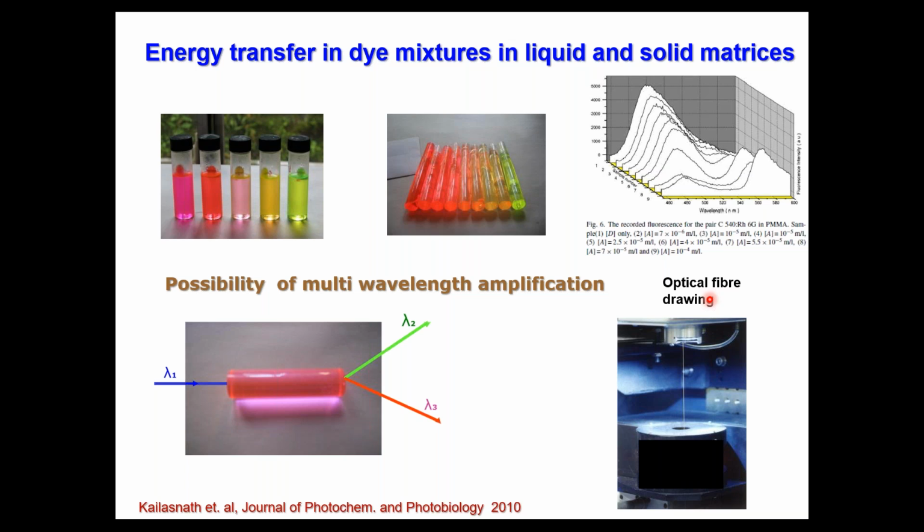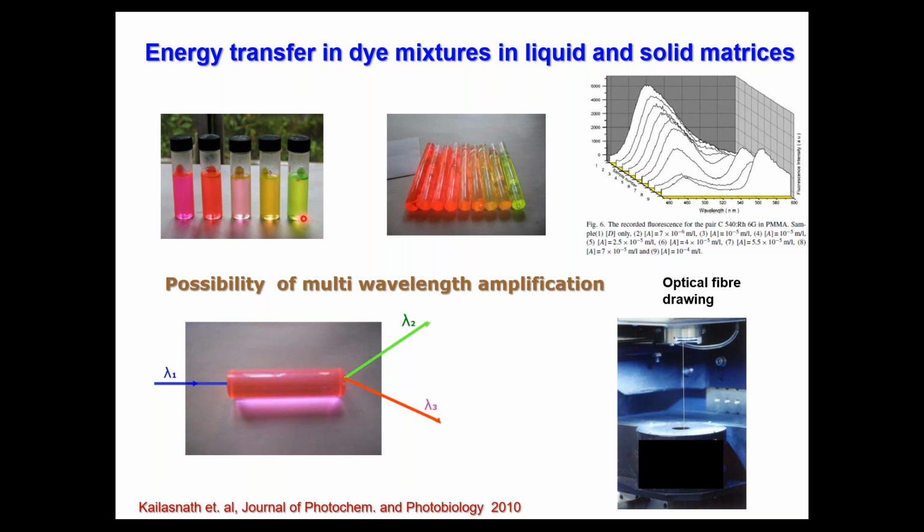So with this background, we started fabricating this kind of structures using plastic, basically PMMA. These are the PMMAs, the methyl methacrylate in solution form, doped with different fluorescent materials.